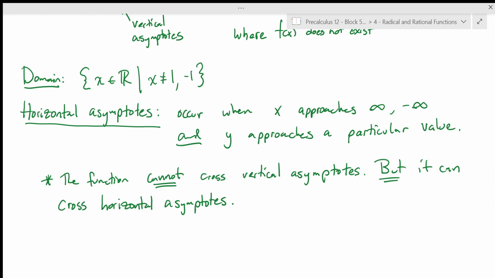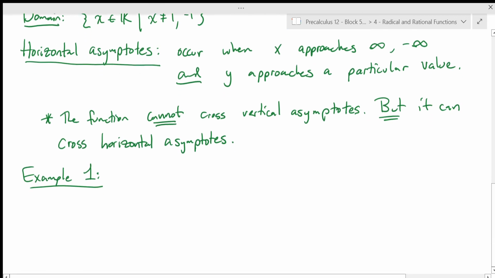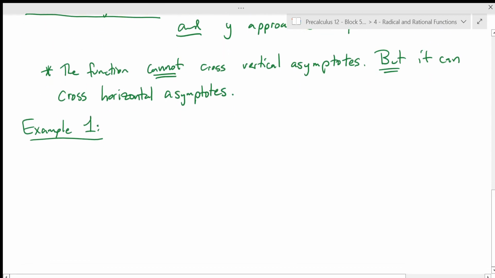Okay, so we're going to take a look at how to find that algebraically. Vertical asymptotes are a little easier to find algebraically because for vertical asymptotes you just have to look at the denominator. For horizontal asymptotes, you have to look at both. And I'm going to abbreviate V.A. for vertical asymptotes and H.A. for horizontal asymptotes.